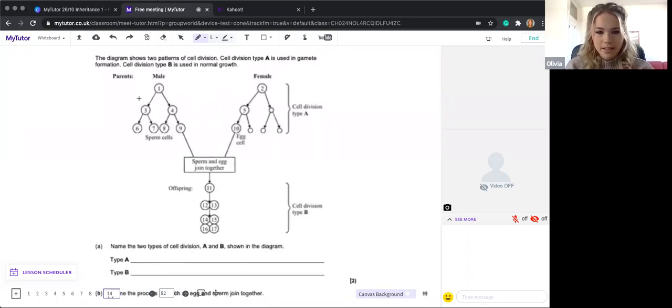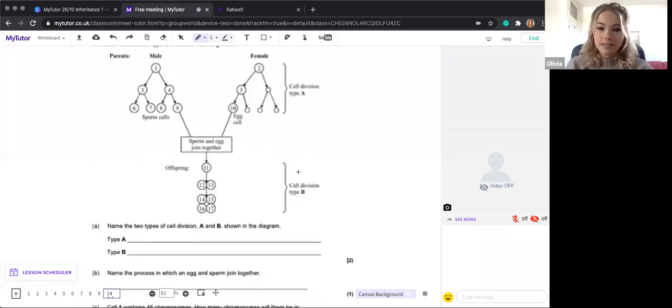What can we see here? In division A, we're making our sperm and our egg. In division B, we've had fertilization, and now it's just growing. Good, lots of answers there. Looks like most of you are correct. A would be meiosis and B would be mitosis.